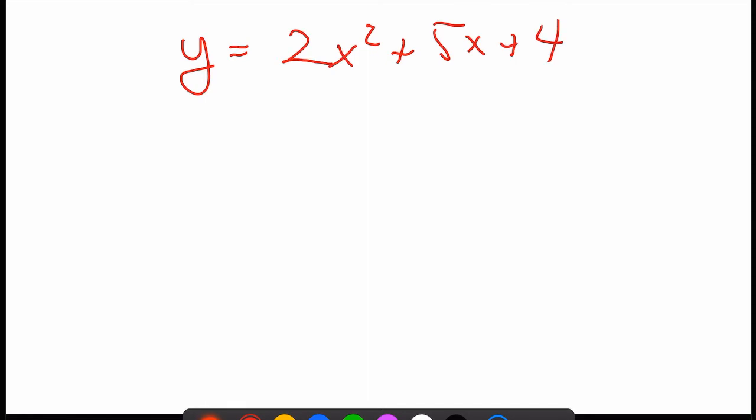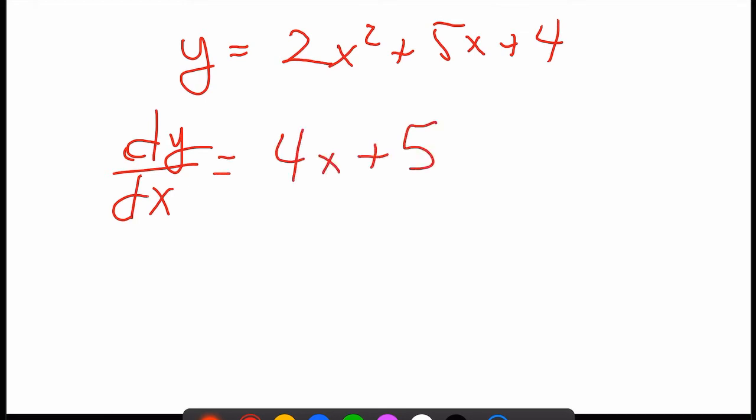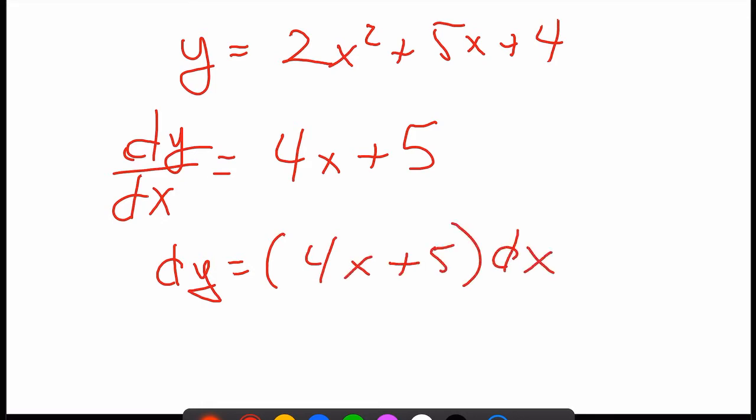So let's say that we have this equation. And we say, look, dy/dx, what is that? Well, it's going to be 4x plus 5. Well, it turns out that we can also say that dy equals (4x plus 5) dx.